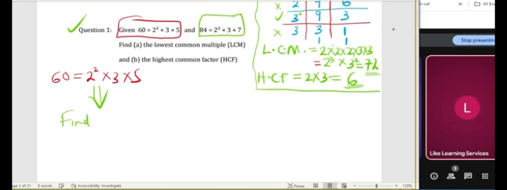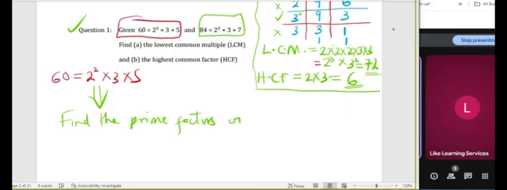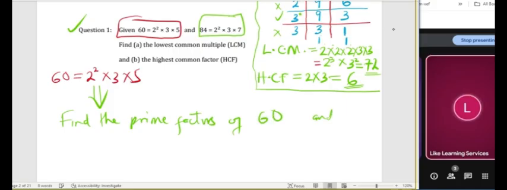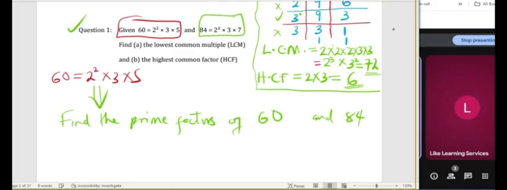Find the prime factors of 60 and also of 84. Not the common one, let's just do them separately.